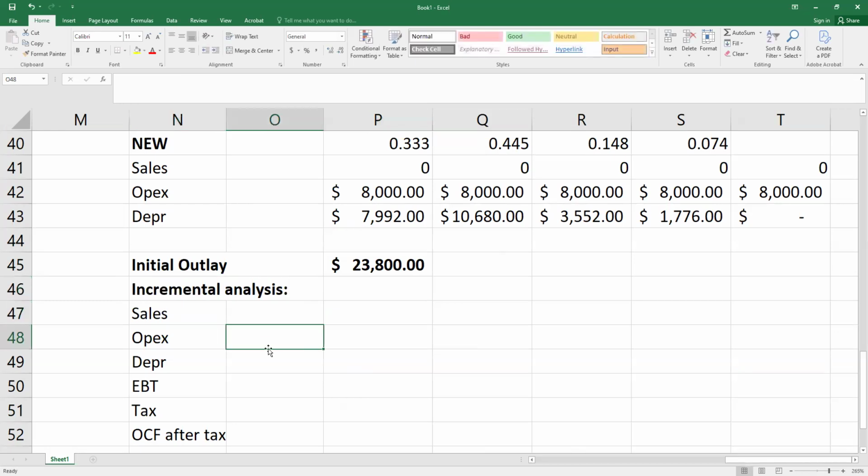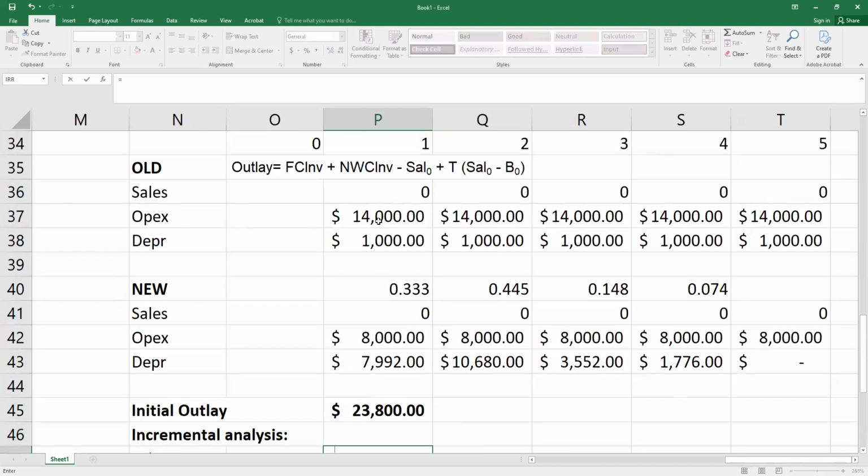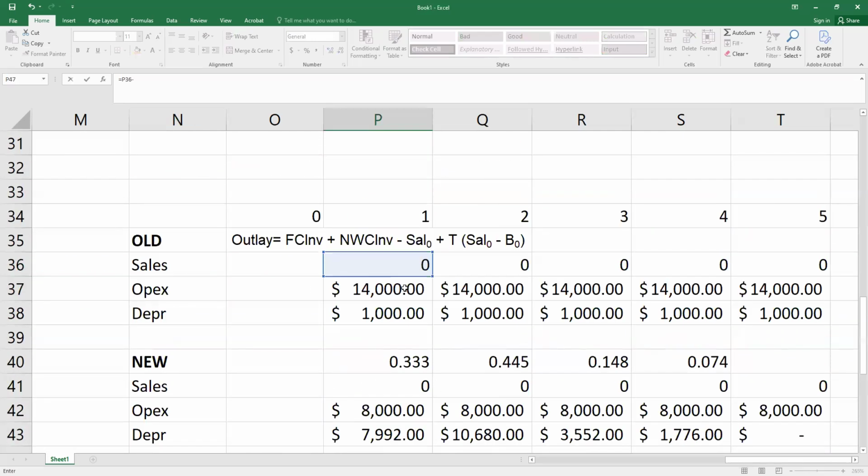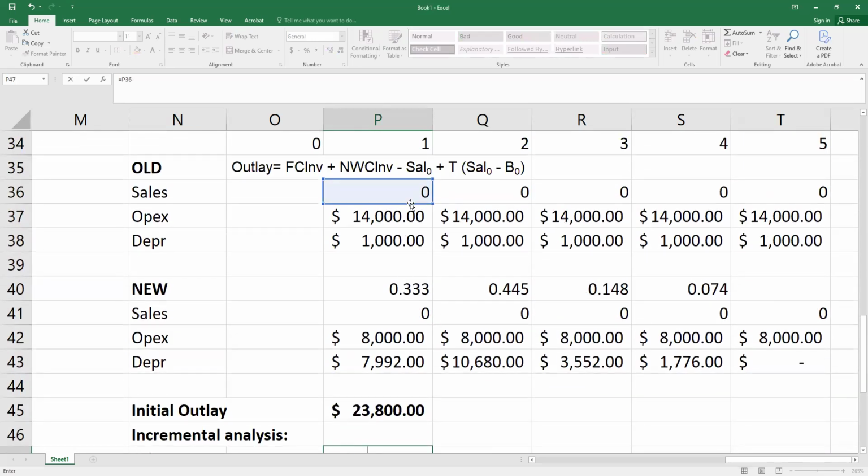Now, my sales for incremental analysis is basically new minus old. New sales minus old sales. My new sales is 0 and old sales is 0. 0 minus 0.